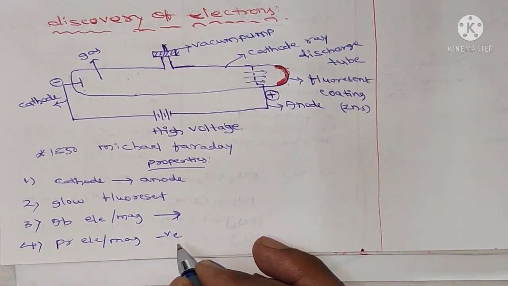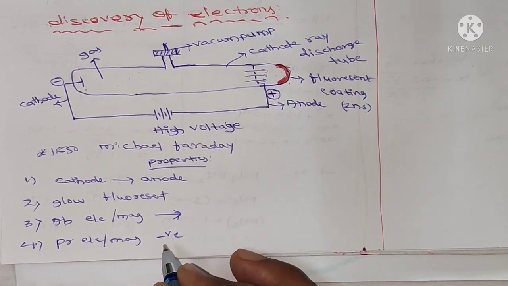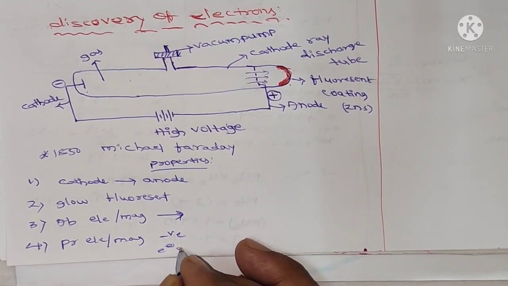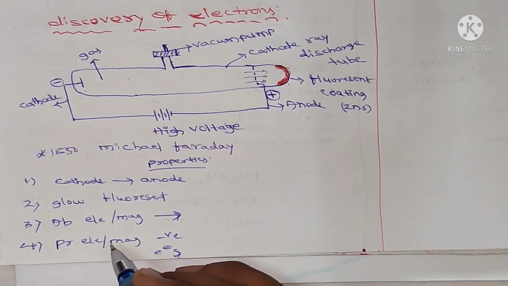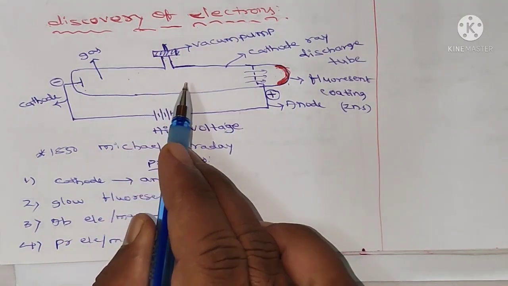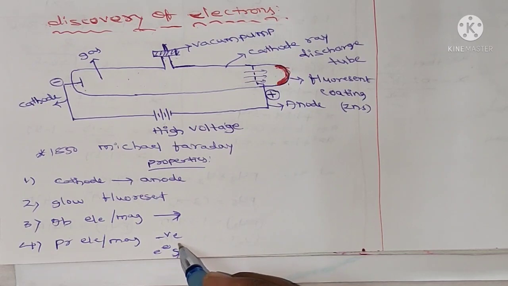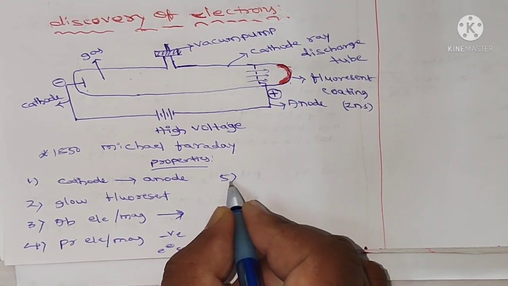This suggests that the cathode rays consist of negatively charged particles called electrons.